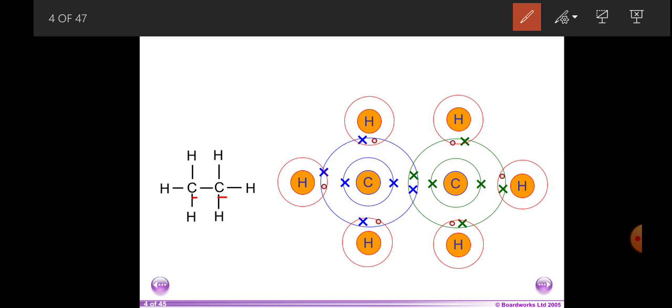Remember our rule. Our rule is that carbon must always have 4 bonds anytime we talk about organic chemistry. If you count the bonds at this carbon, you are going to get 4 of them. That should never be forgotten.